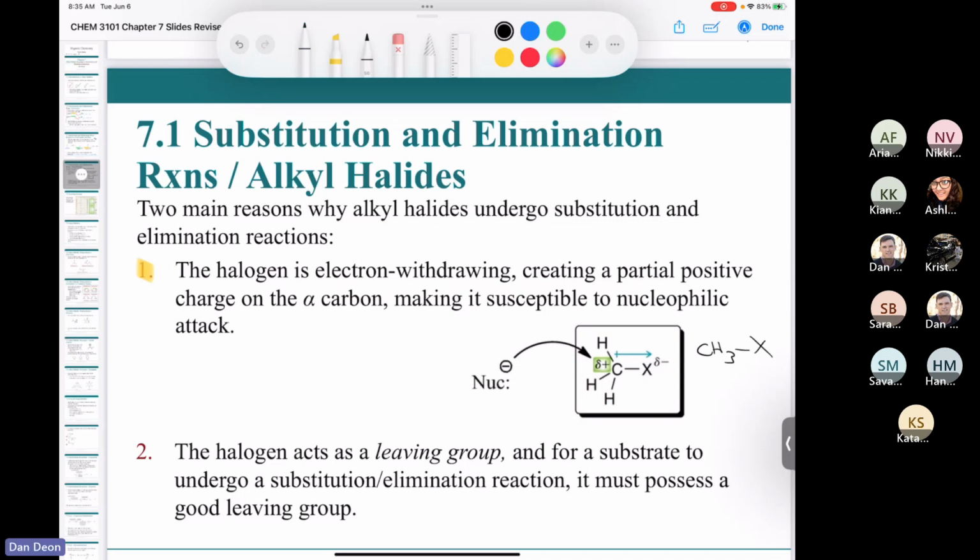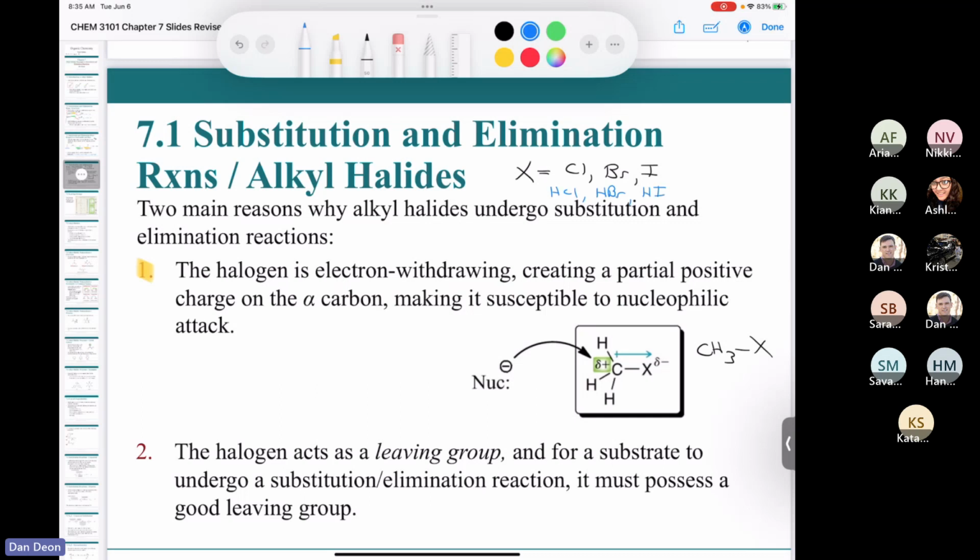And remember, X can be what? Chlorine, bromine, or iodine, okay? So remember, X is equal to chlorine, bromine, or iodine, one of those, because they're all good leaving groups, right? They're all the conjugate bases of strong acids. What are the conjugate acids? HCl, HBr, and HI. Those are all strong acids.